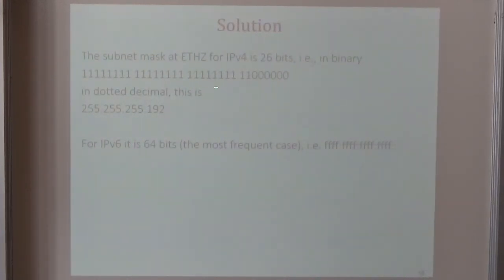This is 255. This you must know. And this is a bit more tricky. You can use a calculator. Or you can know that 1 corresponds to the power number 7 of 2, so 128. This is 64. 128 plus 64 gives 192. If you don't know that, you use the calculator. So this is the subnet mask you should see at ETH.